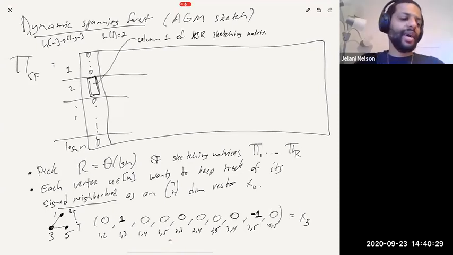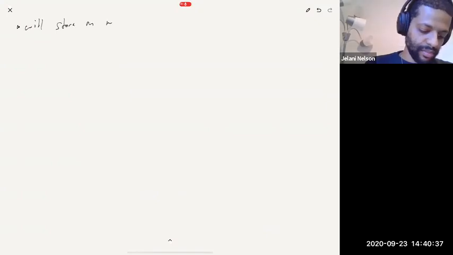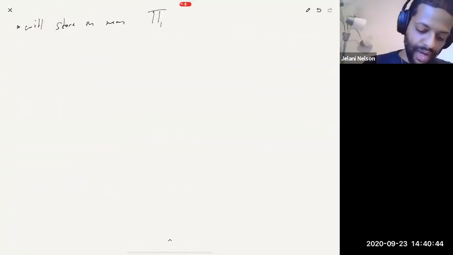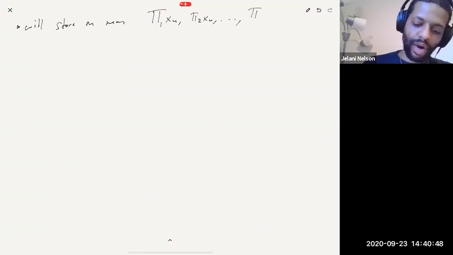Okay, but what we're actually going to store is not all the XUs, but we'll store in memory, what did I call them? Pi 1 up to pi r. Pi 1 XU, pi 2 XU, and pi r XU for all u.